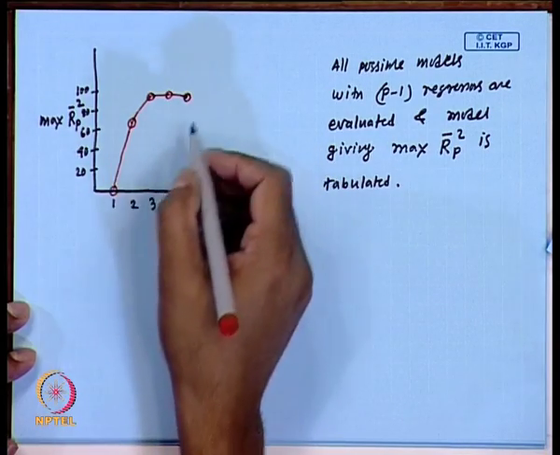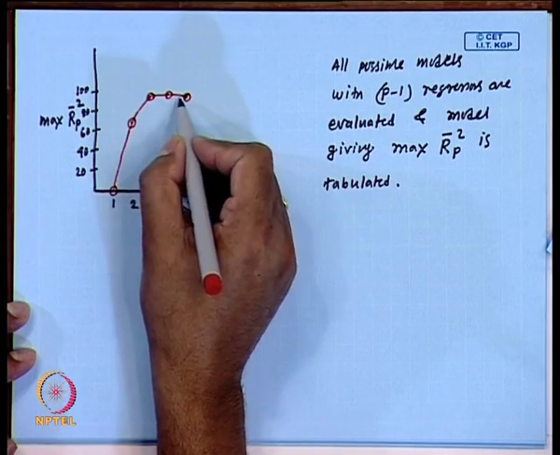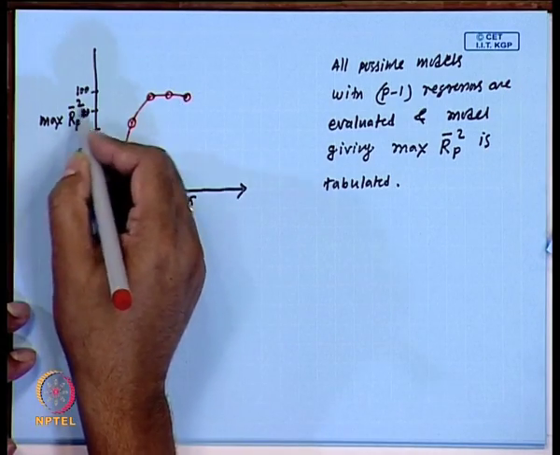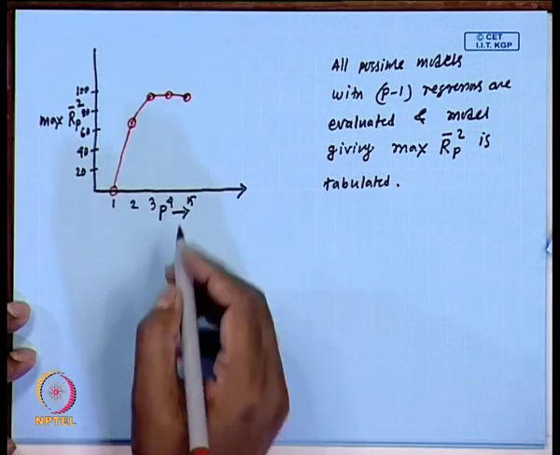So, here you can see it is not necessarily always increasing; this value of adjusted R square can decrease also sometimes.